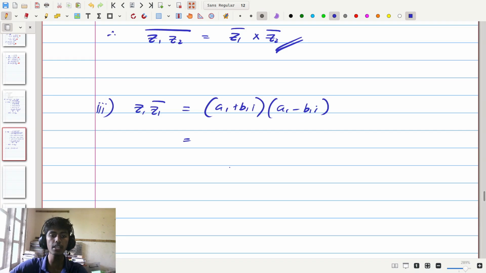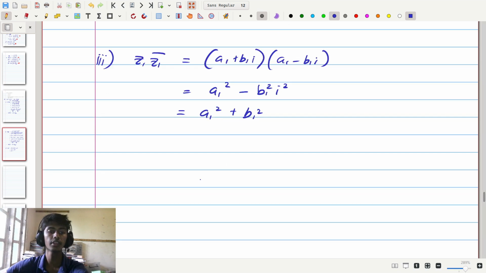Therefore, this is going to be equal to the first term, which is A1 squared, minus the second term squared, which is going to be B1 squared i squared. Now, i squared is equal to negative 1, and therefore negative i squared is equal to positive 1. And therefore, what we get here is A1 squared plus B1 squared.